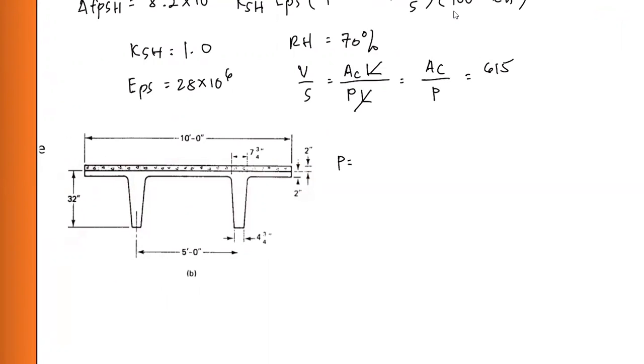Para ano, so unahin ko is itong thickness dito. Okay? So itong thickness dito, then ito, and then ito. Okay? Hindi pala kasama yung topping natin. So ito, ayan, tsaka ito.